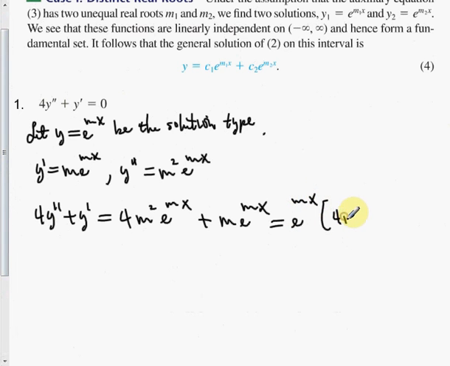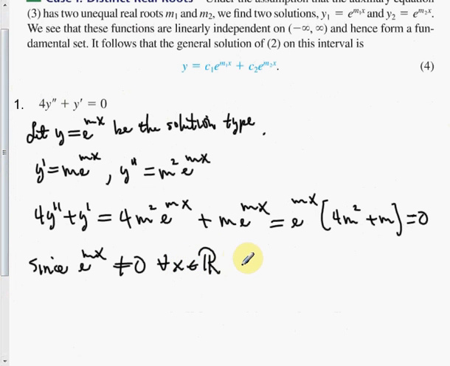What I have left is 4m squared plus m equal to 0. Well, since e to the mx is never equal to 0 for any real x, this implies that 4m squared plus m is equal to 0.